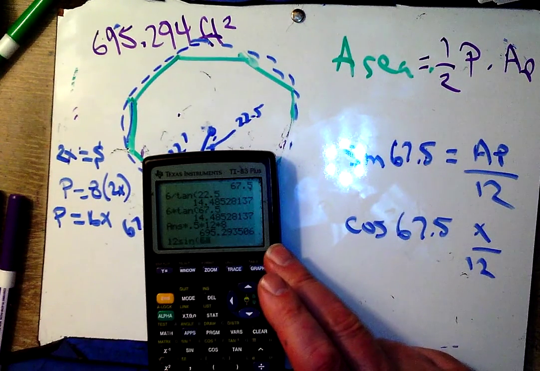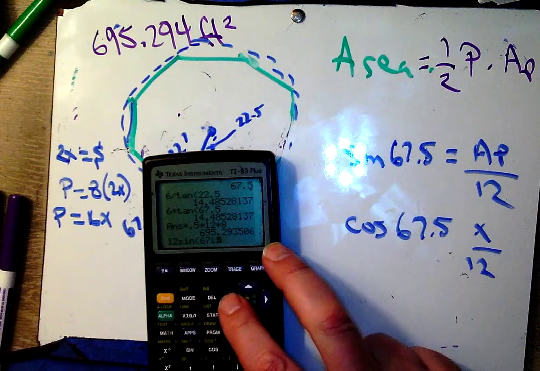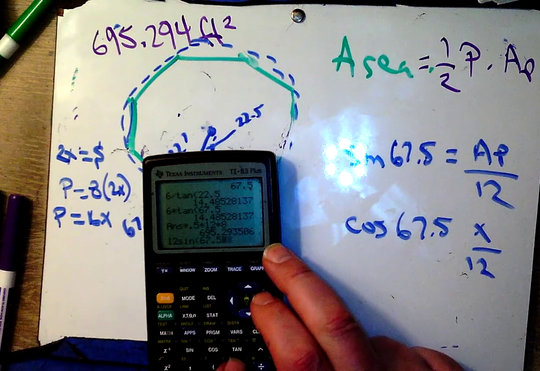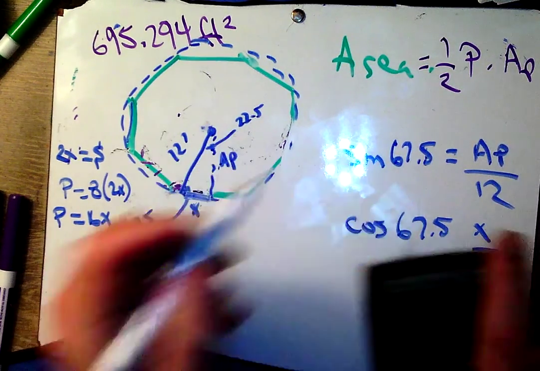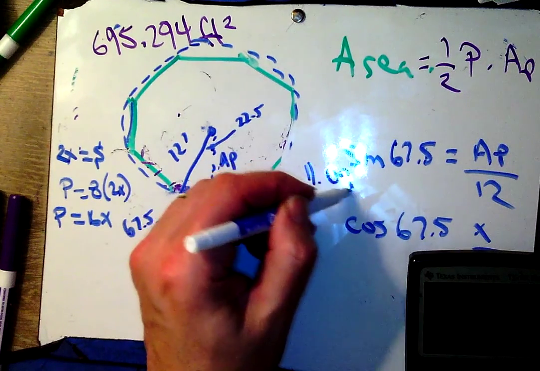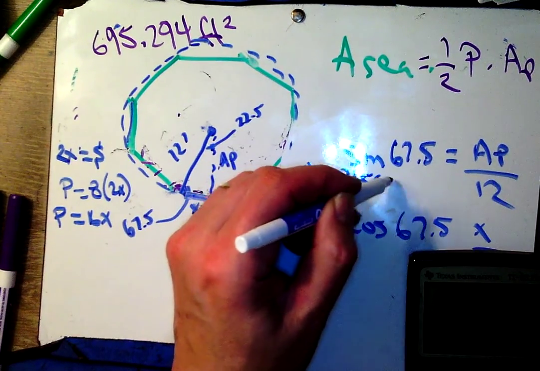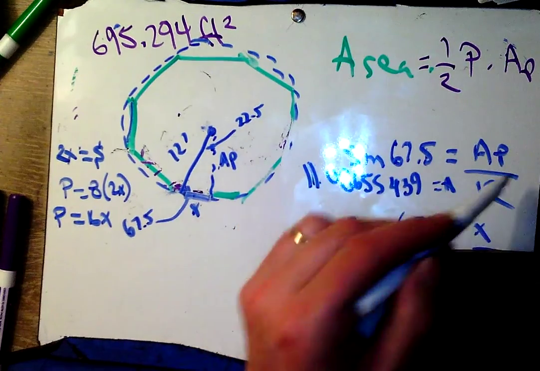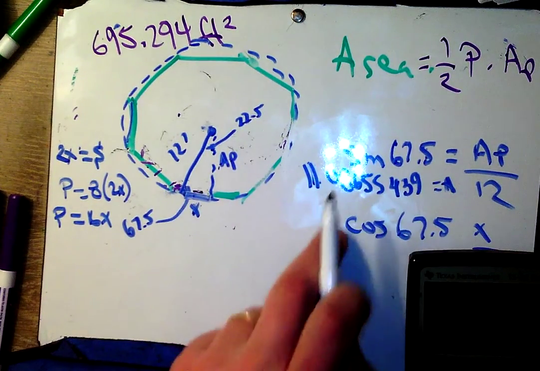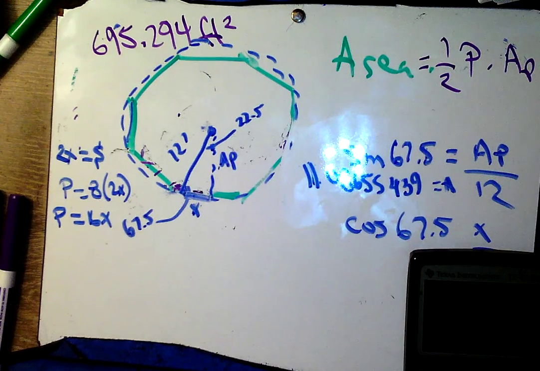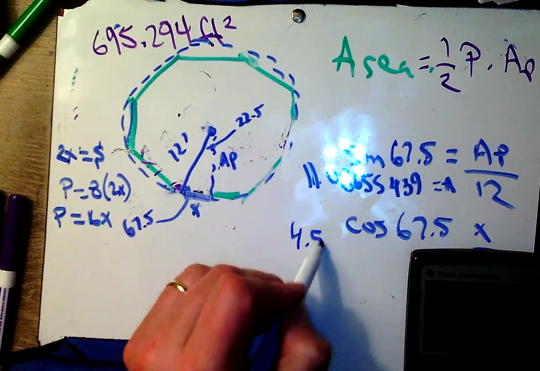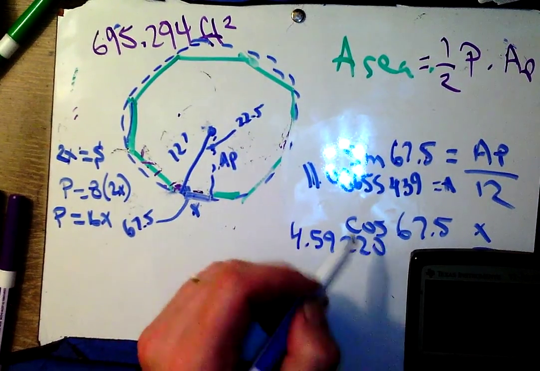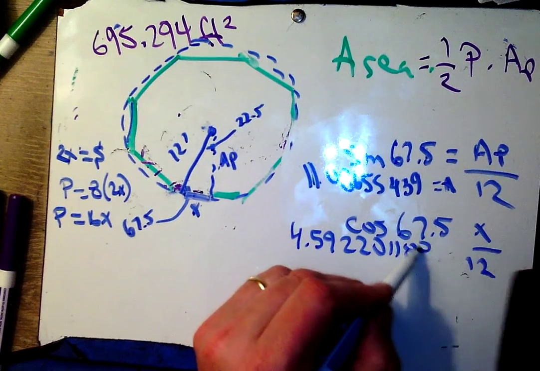12 sine 67.5. I get apothem is 11.08655439. That's the apothem because I multiply both sides by 12. And here when I multiply both sides by 12, 12 cosine 67.5, that gives me 4.5922011188.